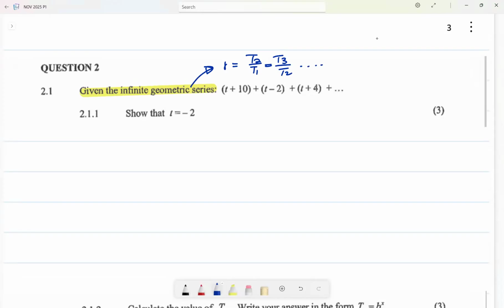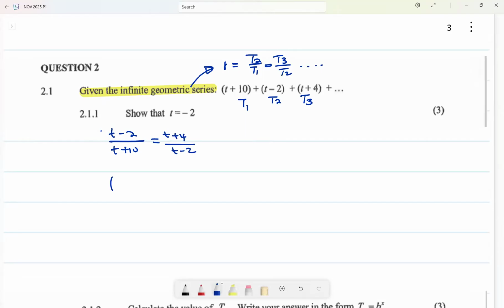I'm going to say t2 divided by t1 is going to be equal to t3 divided by t2. So (t - 2) divided by (t + 10) is equal to (t + 4) divided by (t - 2).